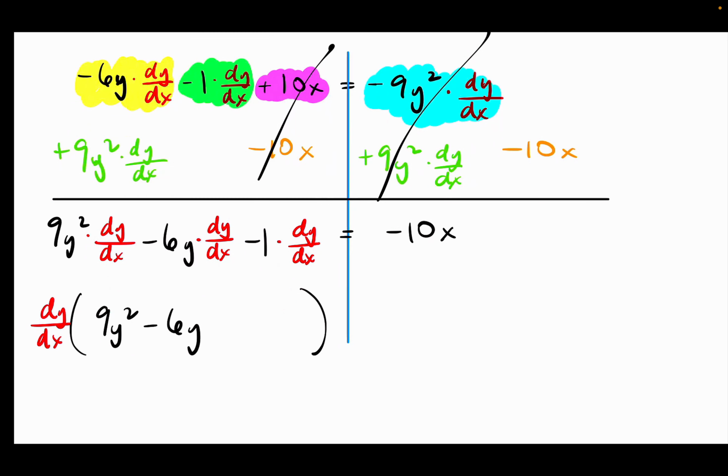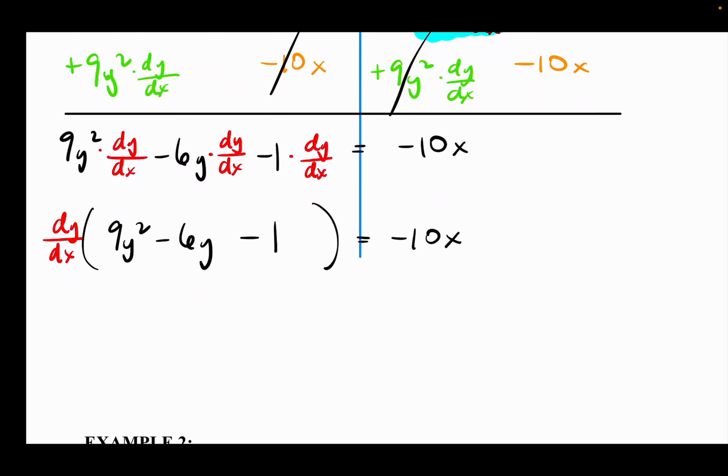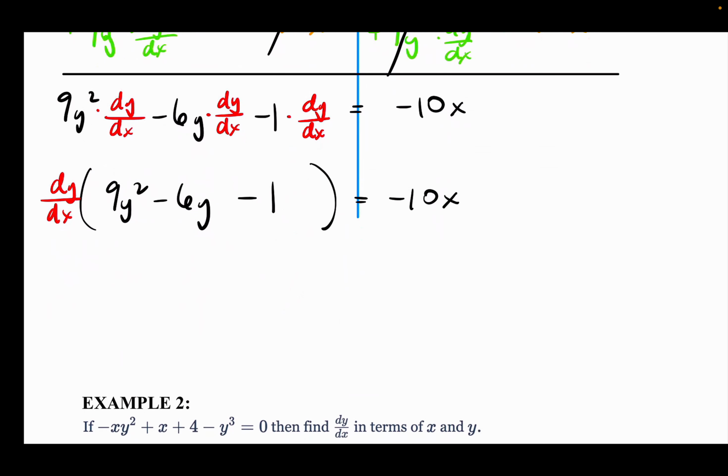Negative 6y, no more dy dx. Negative 1, no more dy dx. If you want it back, just distribute. Just do the distributive property, and you get it back. But we don't want it. So now it's dy dx times 9y squared minus 6y minus 1.